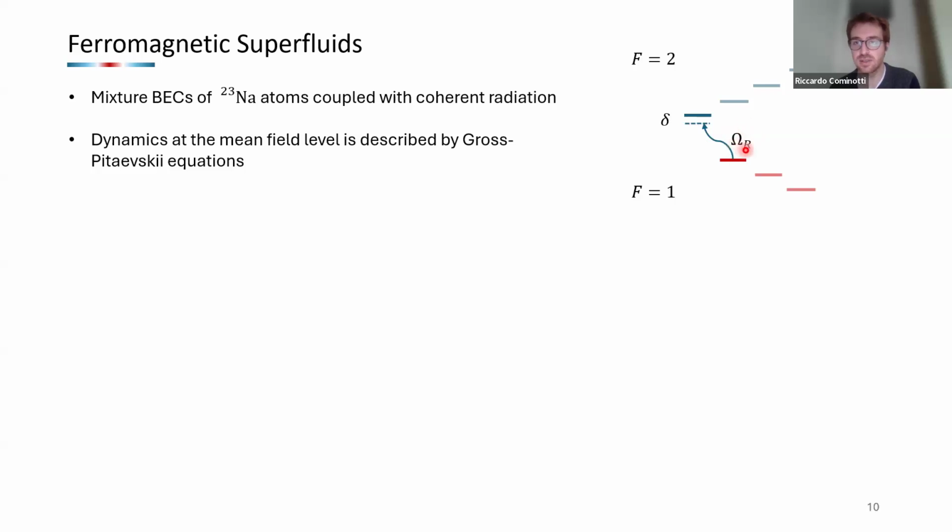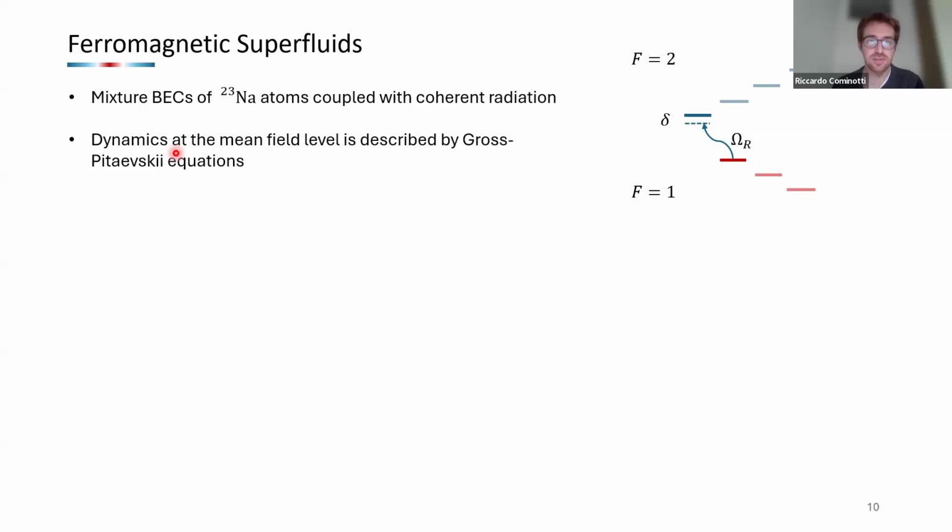The coherent radiation is very important because it is what gives the ferromagnetic behavior to the system. The radiation has a radio frequency and a detuning which we can tune from the atomic resonance.